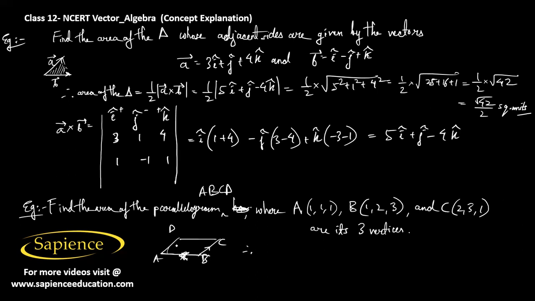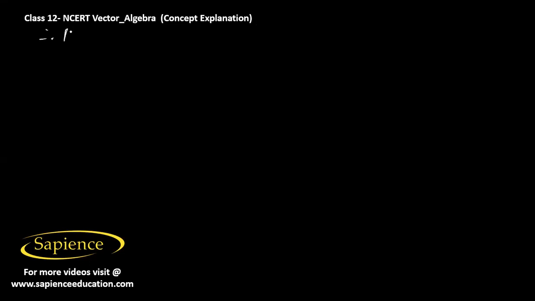Therefore, the area of the parallelogram ABCD will be equal to the magnitude of the cross product of BA cross BC. So now, the BA vector will be equal to obviously OA vector minus OB vector.